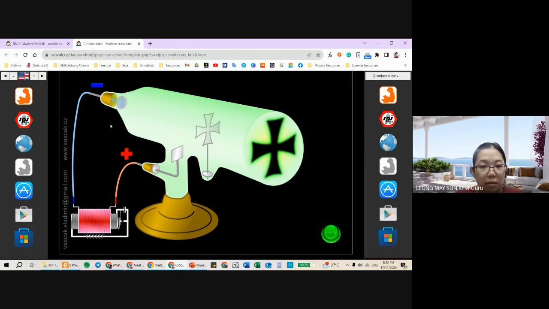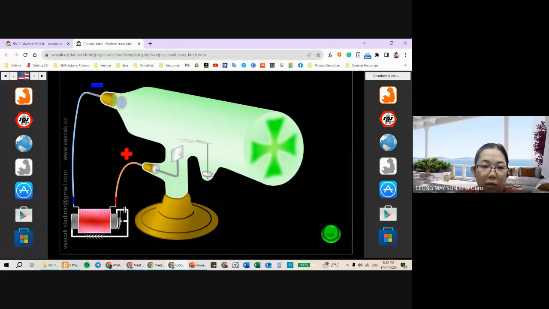Now this is actually a Maltese cross tube. Let's just say this is where the electrons are being emitted out, and they have already been accelerated. If the Maltese cross is not here, it will actually be a green color light, because this green beam is the cathode ray.